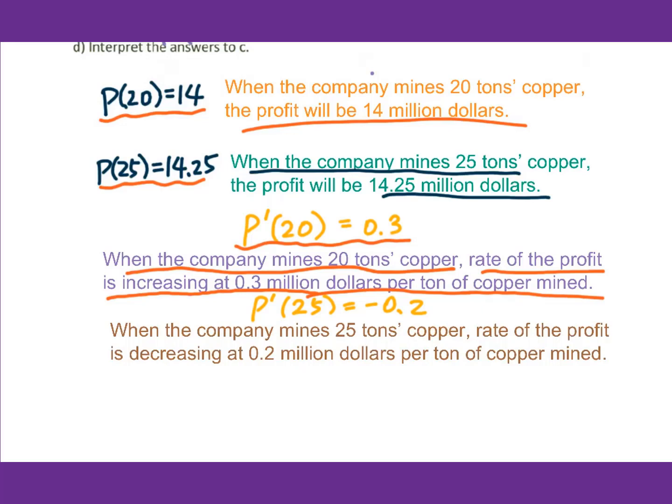Since this 0.3 is positive, that's why it's increasing. For P prime of 25 equals negative 0.2, when the company mines 25 tons copper, the profit is decreasing at $0.2 million per ton of copper mined.